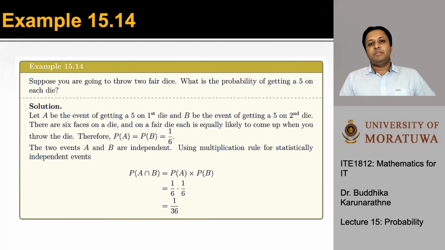Ultimately you get 1 over 36. Because A and B are independent, you can just multiply the two individual probabilities to get the value for P(A intersection B). That's how we approach this solution.